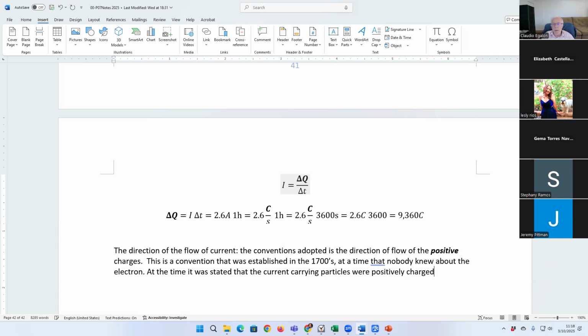Okay? And the direction of current was dictated in terms of this type of particle, this type of charge, okay? Like that. And since the discovery of the electron, nobody bothered to change this convention.